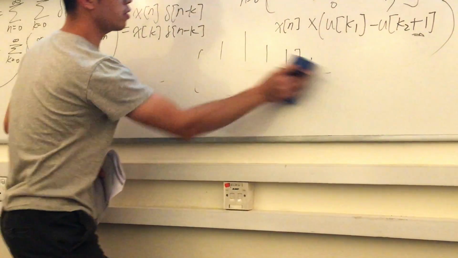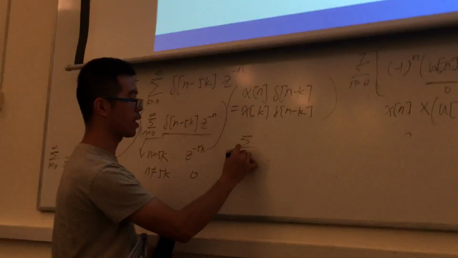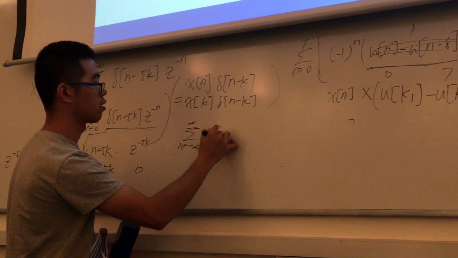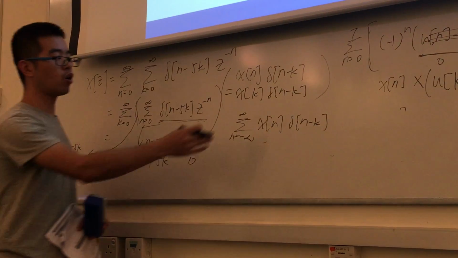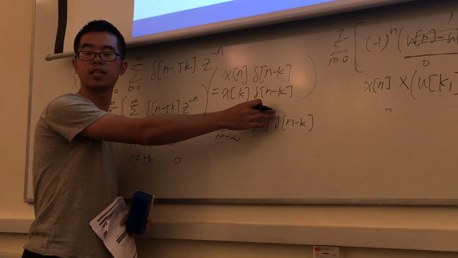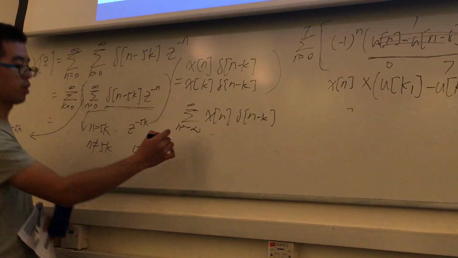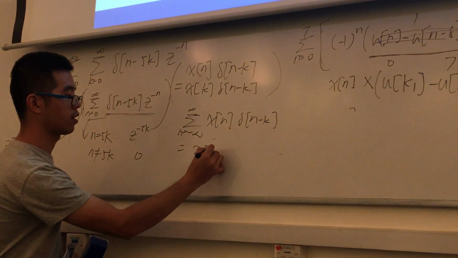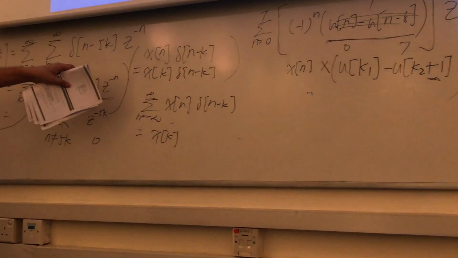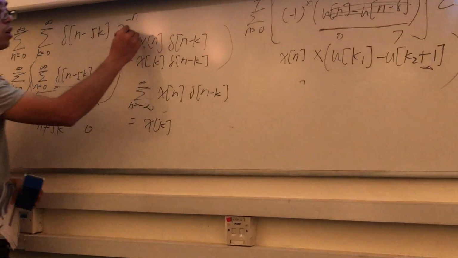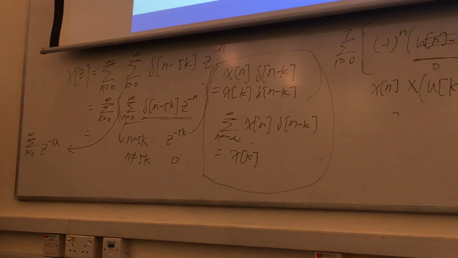And also for this one, if you want the summation from the whole domain, because it only has one value, right? When n is equal to k. So this is equal to x[k]. So this is the property, this important property. You will use it again and again.